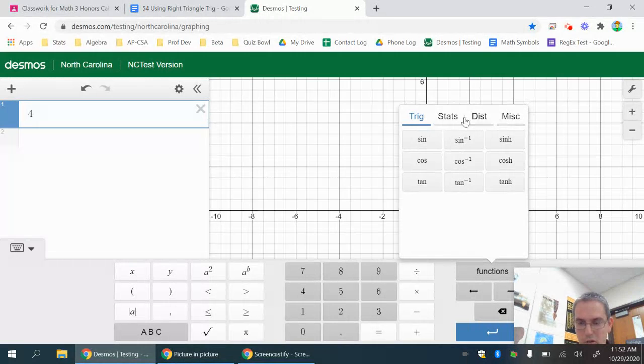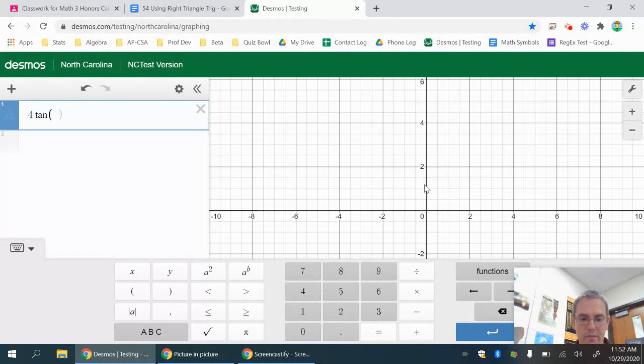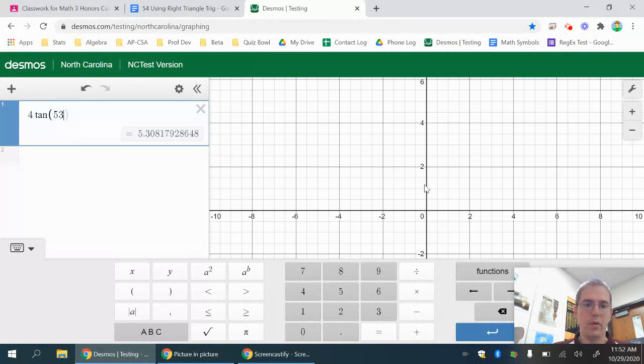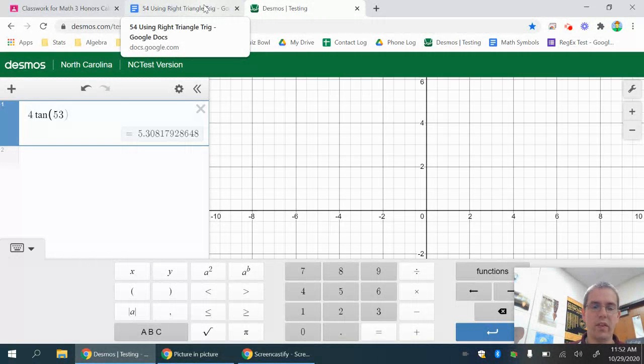If it's all miscellaneous or something else, you can make it go back to trig, and then do tangent, and then 53. It puts a little parentheses in there for you, and it tells you that 4 tangent of 53 is 5.3. Usually we're going to want these to the nearest tenth, and it's important to think if they're reasonable. Well, if one side's 4, it seems reasonable that another side might be 5.3.